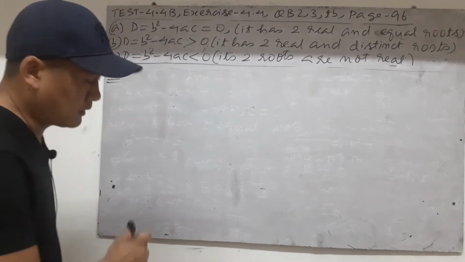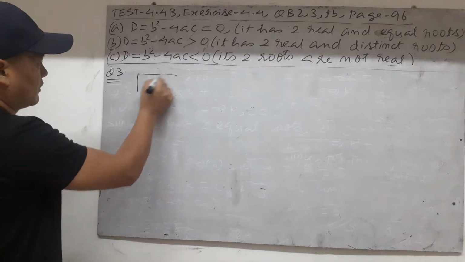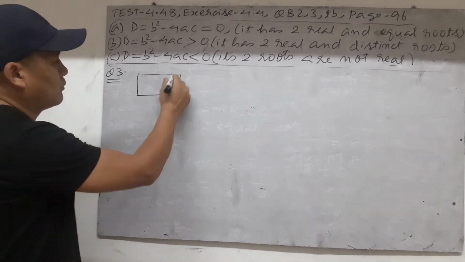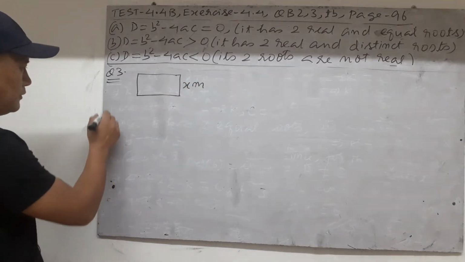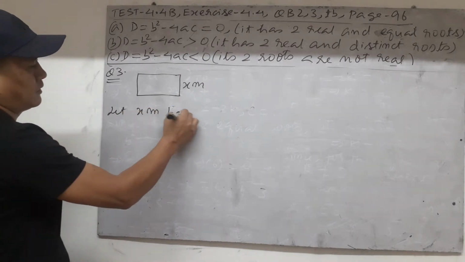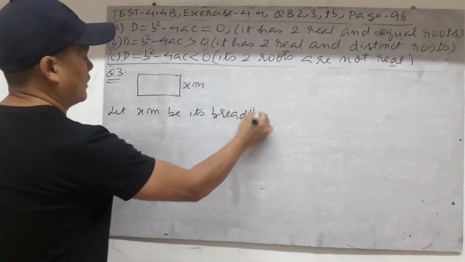So let us say here, in a mango grove, rectangular shape, mango garden, you can put it in simple language. Breadth is the shorter, let us put it as x meter. So here, let x meter be the breadth of the mango grove.